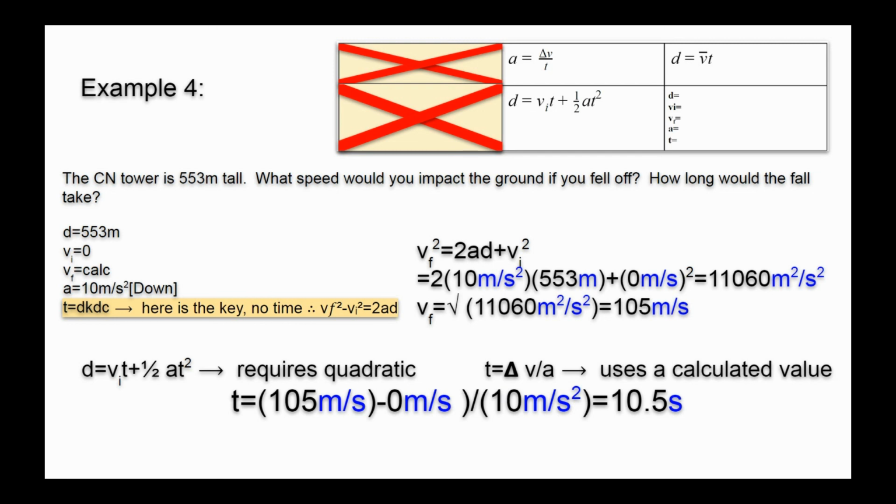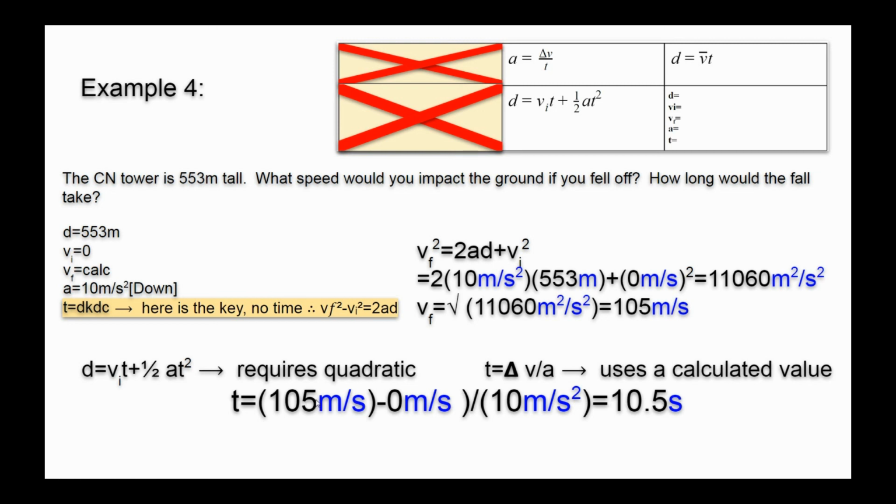We calculated vf. So this one here would be pristine, it doesn't have vf in it. So if you buggered up the 105, you're not passing a wrong value into this equation. This equation here would use that calculated value. But I would say under this case, you're better off doing this, because I know if I try the quadratic formula and solve for t, I'll screw it up. Almost guaranteed. So we get the time at 10.5 seconds.